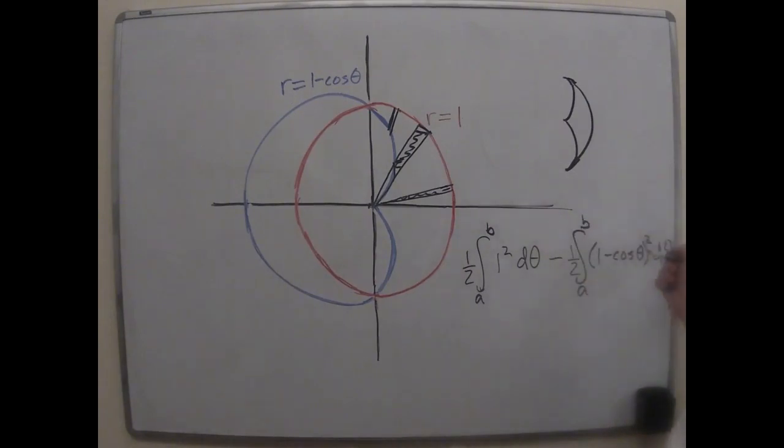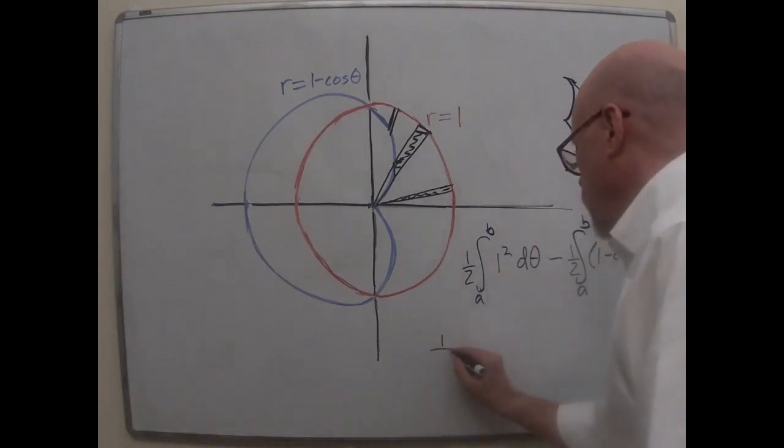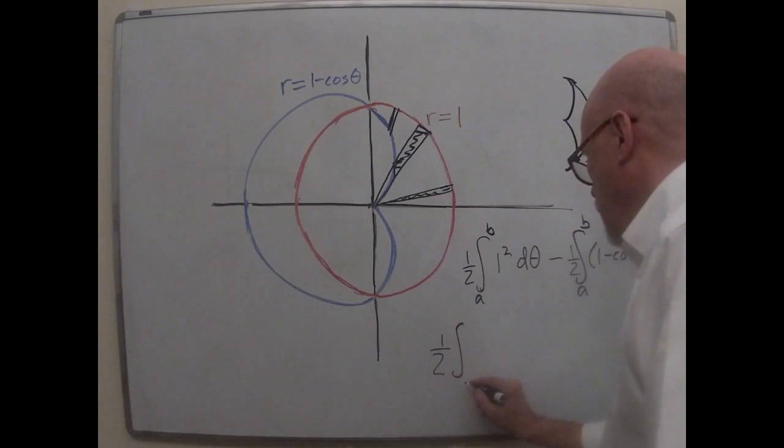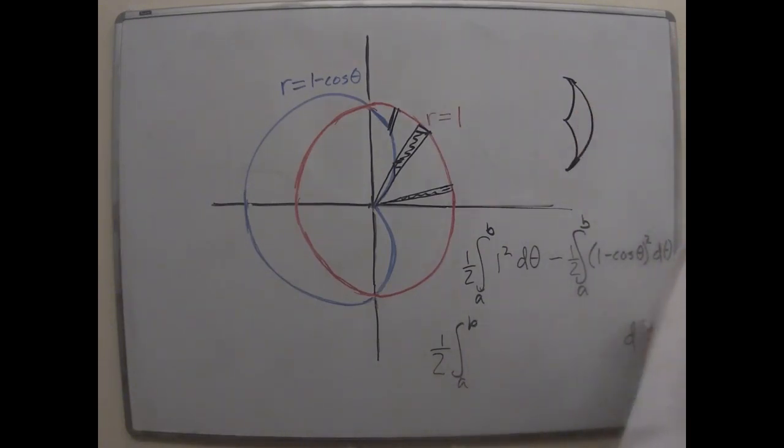Because of the properties of integrals, you can combine this into one thing. I'm thinking maybe I want to FOIL that out too. And you get 1/2 the integral from A to B, and it'll end with d theta. When I FOIL this guy out, I get 1 squared, which is going to cancel with that one because we're subtracting. And then I get minus 2 cos theta.